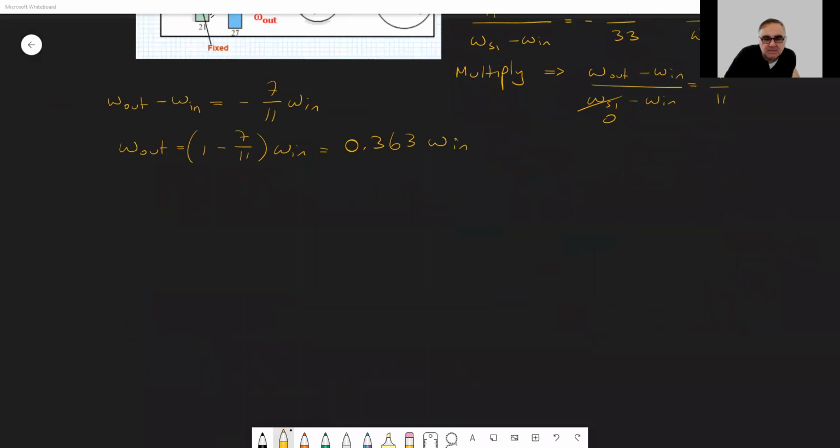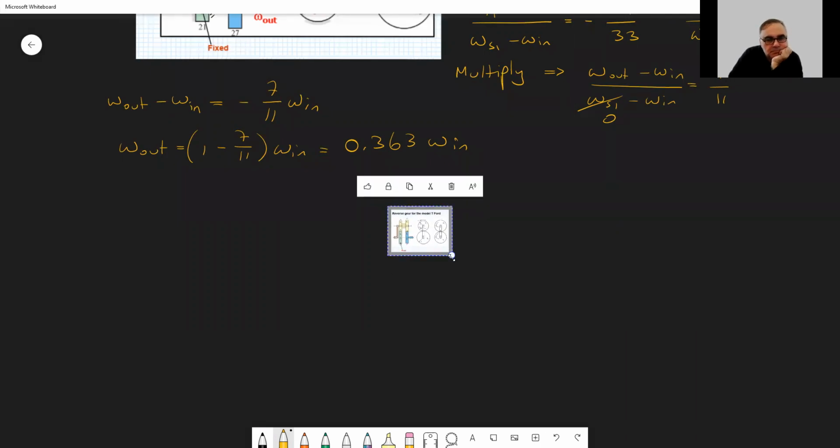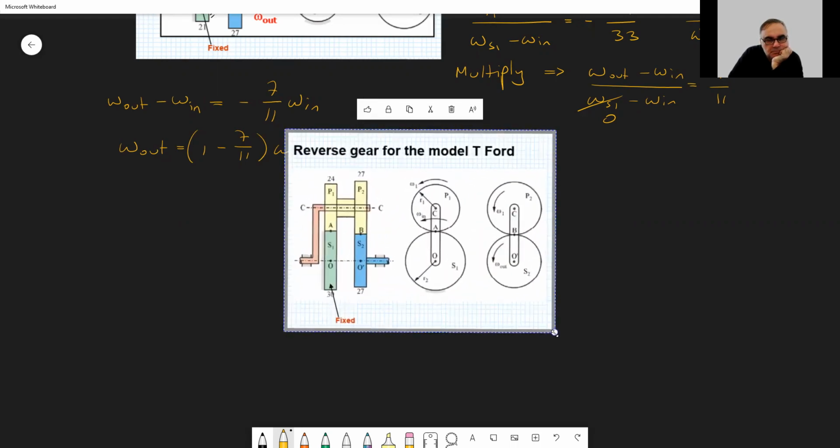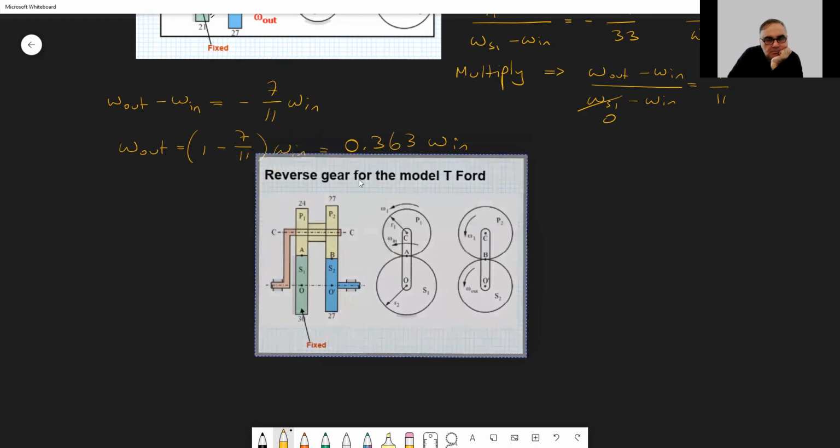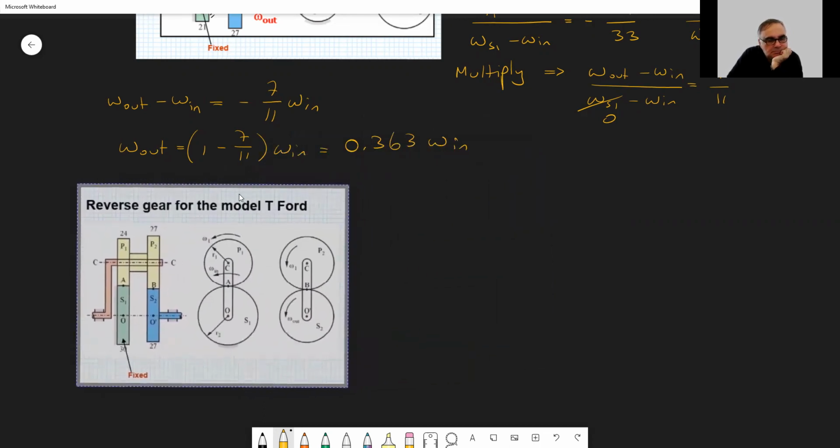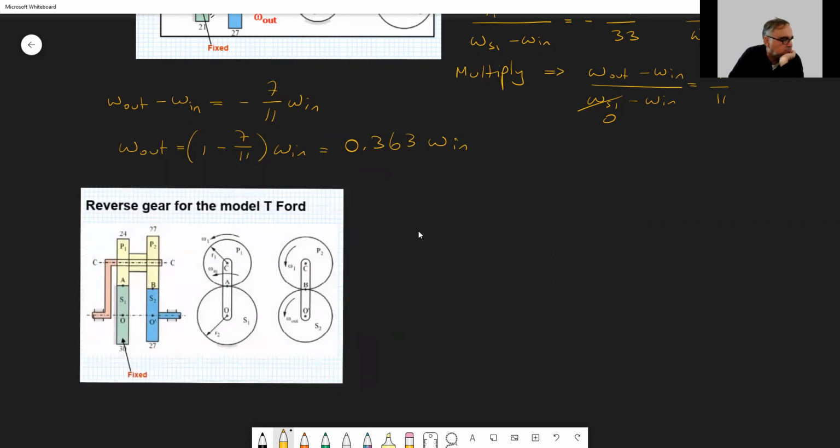There is another thing here. Let me try to get that. Reverse gear for the Model T. Well, it looks very similar, doesn't it?